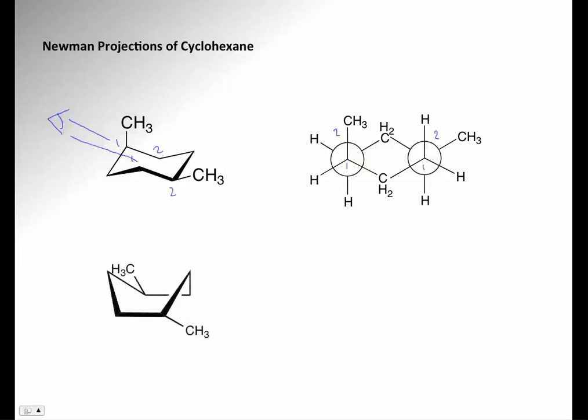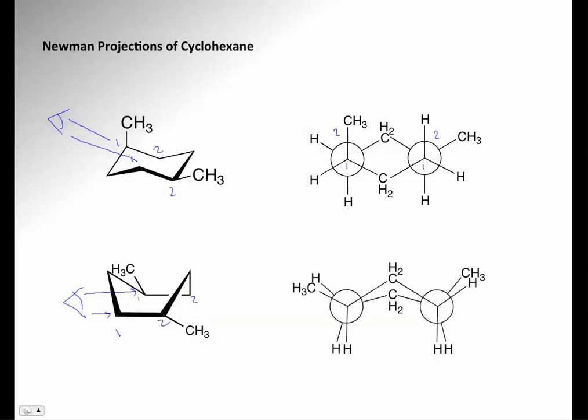But if we look at the Newman projection of the boat conformation of a cyclohexane ring, looking down the same carbons, 1 and 2, we'll notice that everything is completely eclipsed.